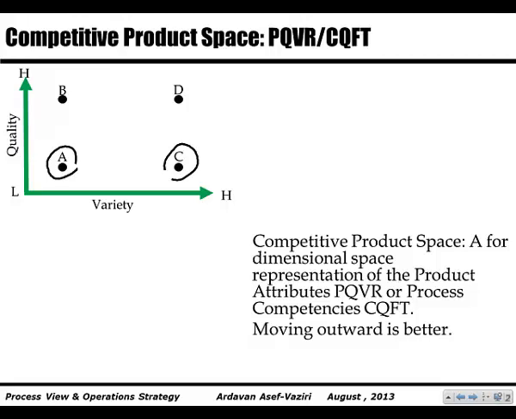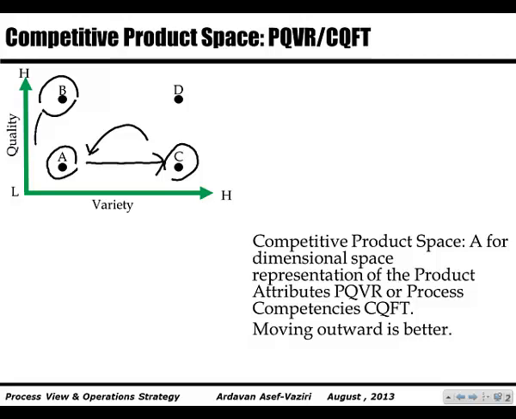Company C has high variety and low quality. Of course, company C is better than company A, because at least in dimension of variety, C is better than A. Company B has the same variety as company A, but quality of the product of company B or quality of the process of company B is better than that of A.